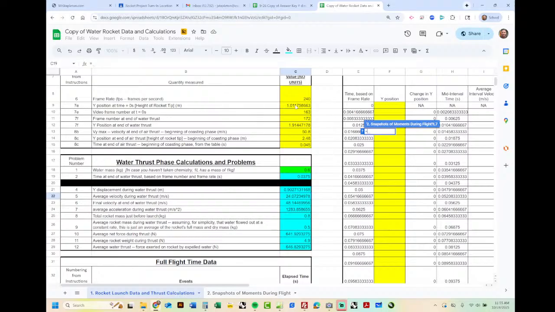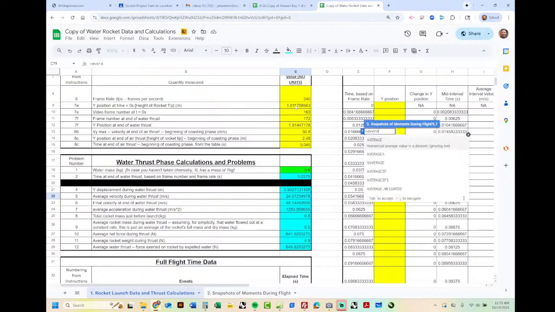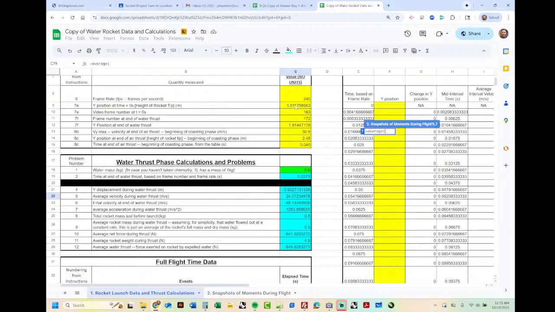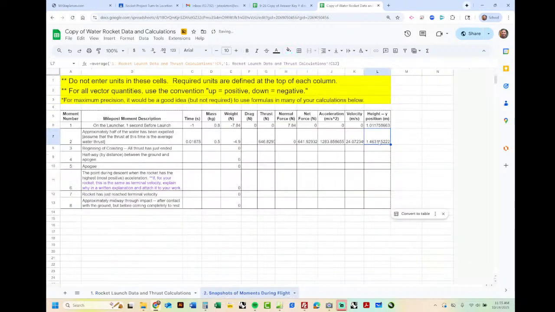So I'm going to type in average, and I'm going to click on the height at the beginning and the height at the end, and weird stuff appears when I do that, but basically this is just averaging 1.01 and 1.91, so 1.46, and I've got everything but drag.